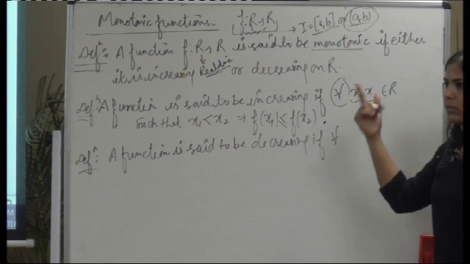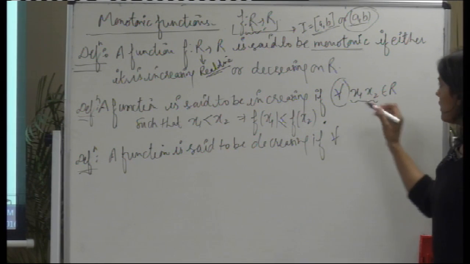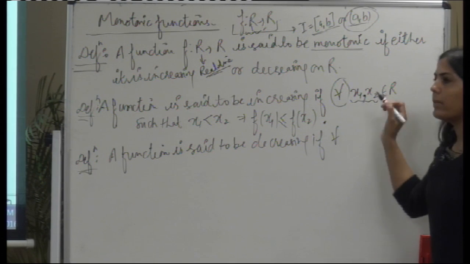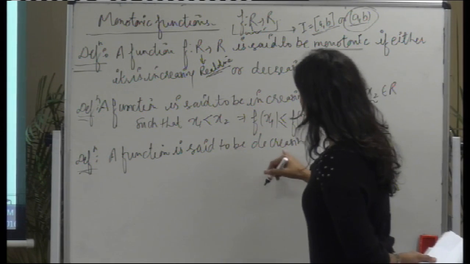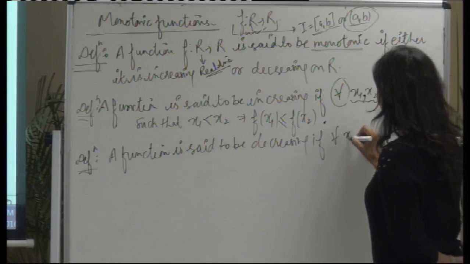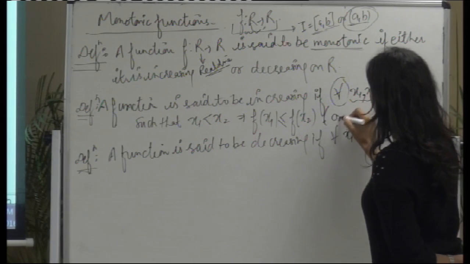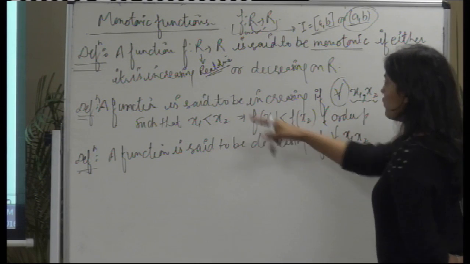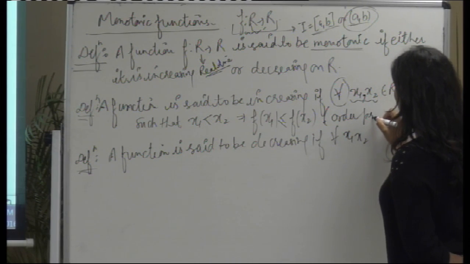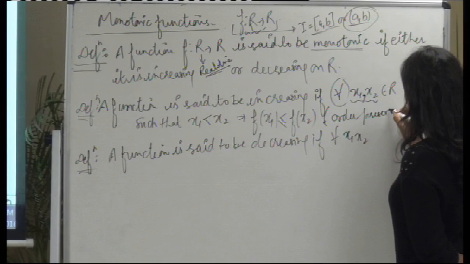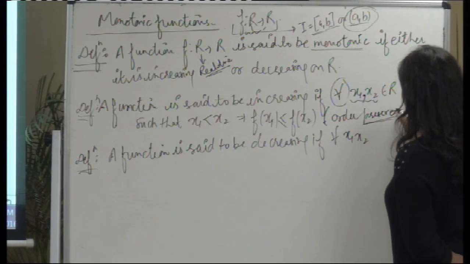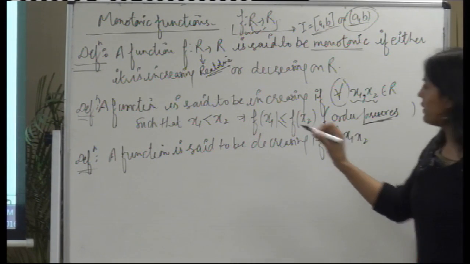You are not checking at one point, right? You take points in pairs from the interval. So the function is said to be decreasing if for all x1, x2, it means what? Increasing functions preserve the order. You agree? They are preserving the order.